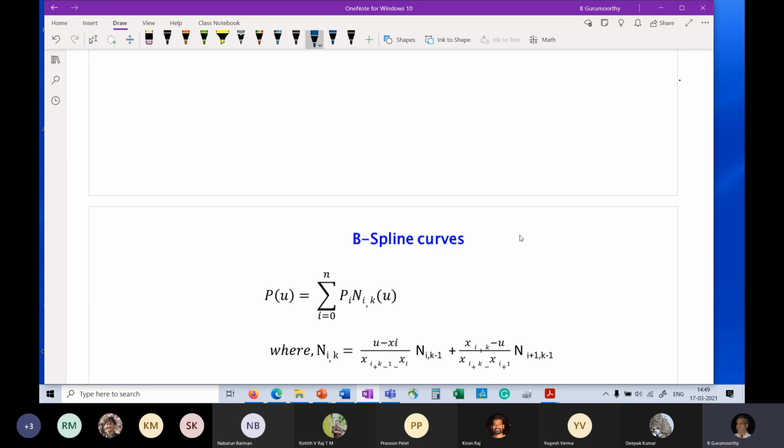In the case of the Bezier, remember the form we had written is the sum over i equals 0 to n of P_i B_i,n(u). Right? That's the form. So these were the geometric control points, and these were the basis functions.